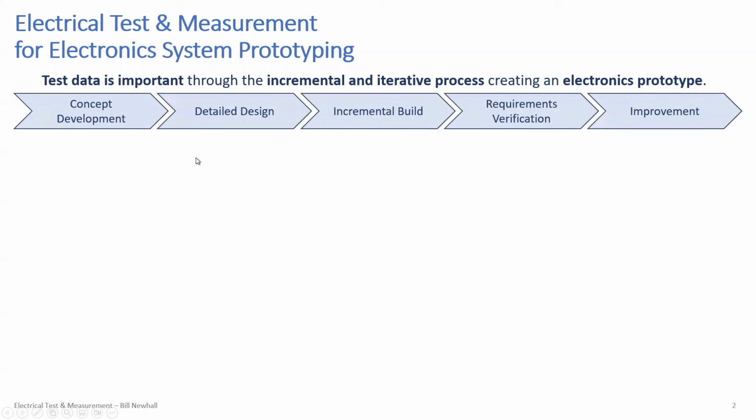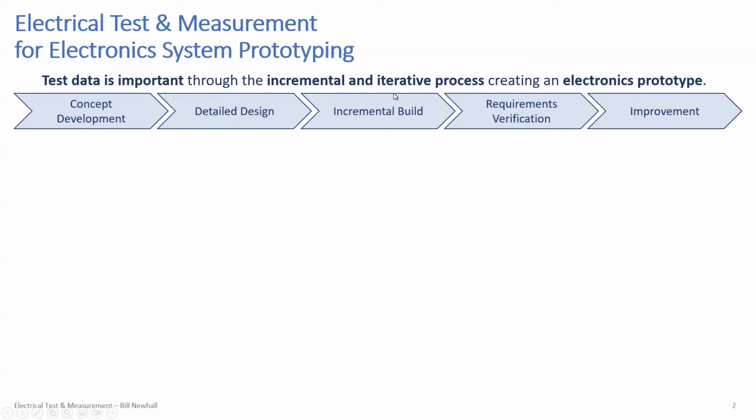So I'm going to focus on prototype development here. These are generally the stages of prototype development. You have some kind of concept in mind, and you document that concept. You write down what you want your product or your circuit or your system to do. From that, you develop a detailed design, and you might, in prototype development, actually build some of those sub-circuits to make sure they work before you commit to putting them into a final circuit board.